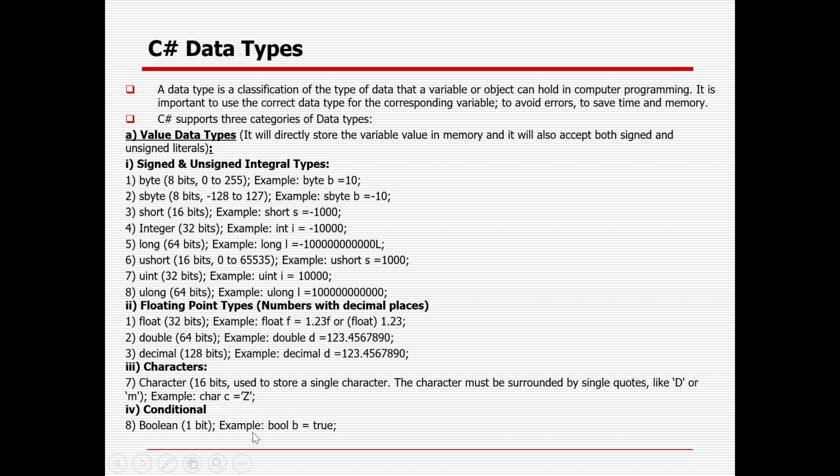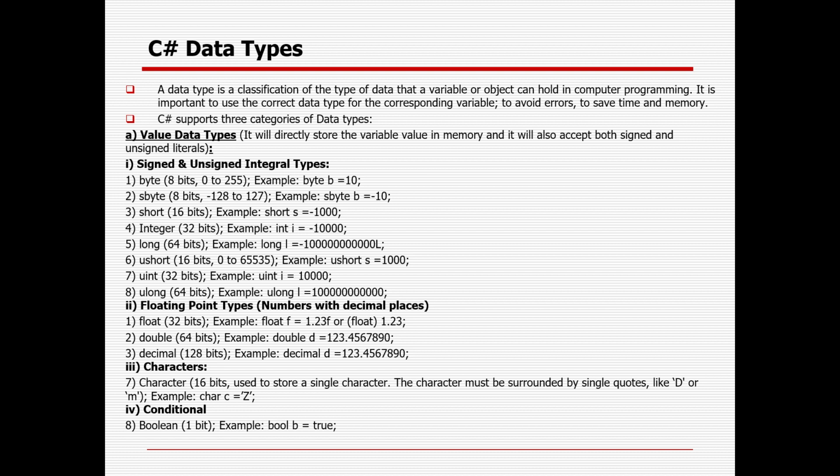Then the next two value data types will be character and conditional. The character is char, and the conditional is boolean or bool. Character can contain values for small a to z or capital A to Z. Character is also 16 bit, used to store a single character.